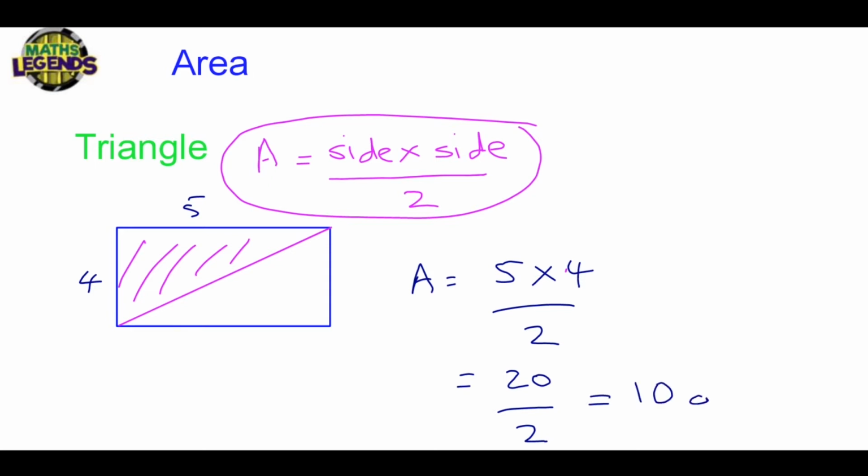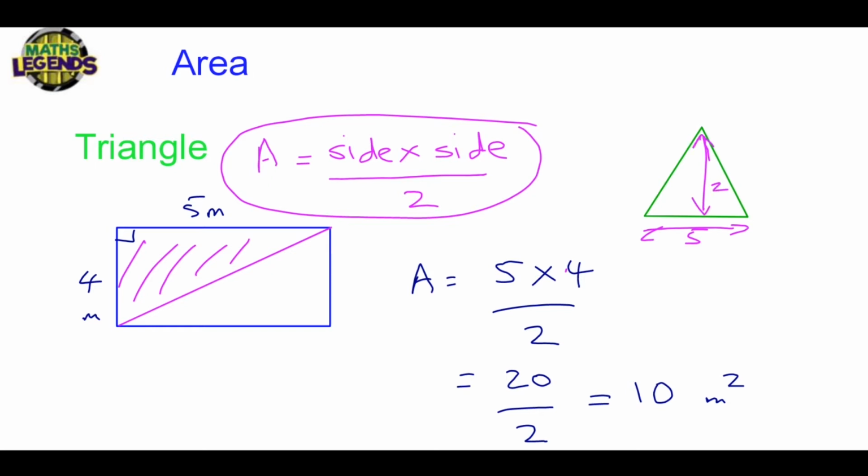Again, if the units were in centimeters, then the area would be centimeter squared. If it was in meters, then our area would be in meters squared. This works for a triangle that has a right angle. But what if the triangle didn't have a right angle? Say something like this. Well then, we will look at the base going across, and we will look at the height.